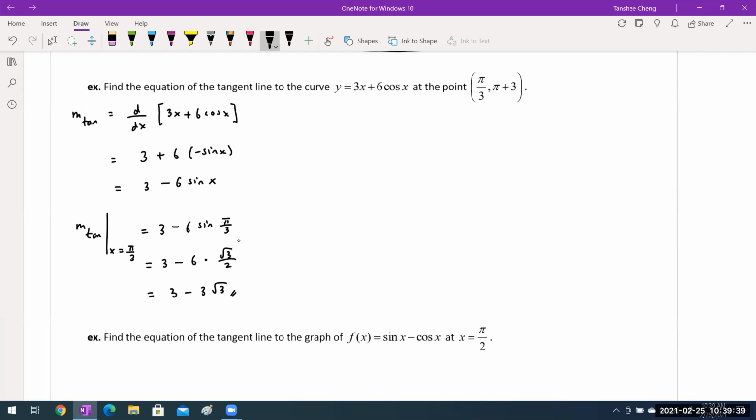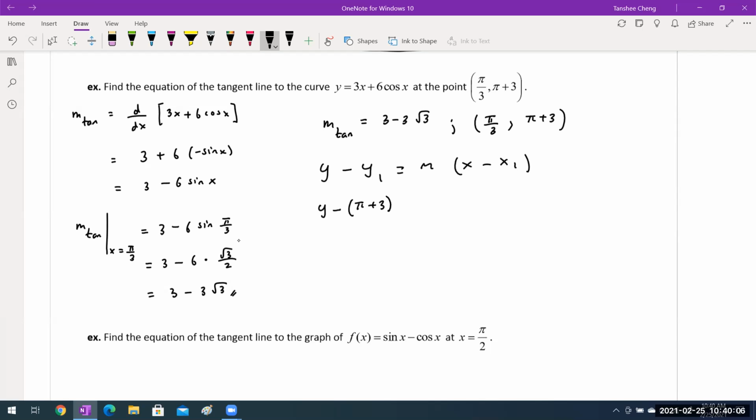Now that I have the slope, which is 3 minus 3 radical 3, and I have a point, pi over 3 and then pi plus 3, we can use these, a point and a slope, to write it into equation format. So that will be y minus (pi plus 3) equal to my slope, 3 minus 3 radical 3, times (x minus pi over 3).